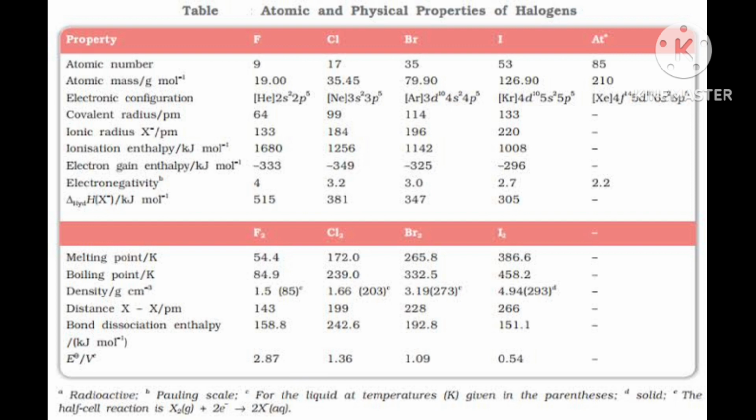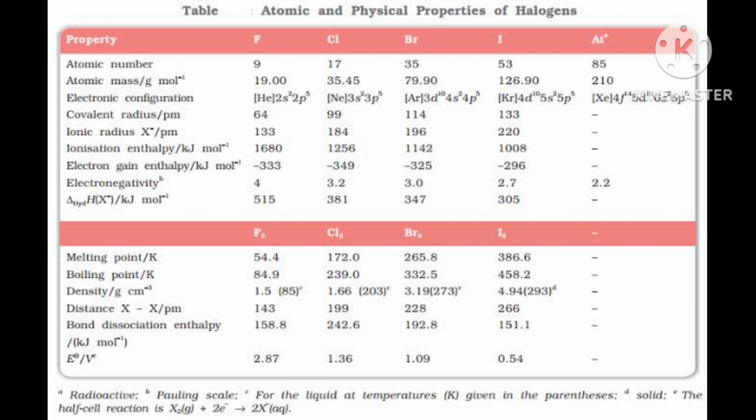For halogens, the negative electron gain enthalpy of fluorine is less than that of chlorine, because fluorine is smaller than chlorine, or you can say chlorine is bigger than fluorine.